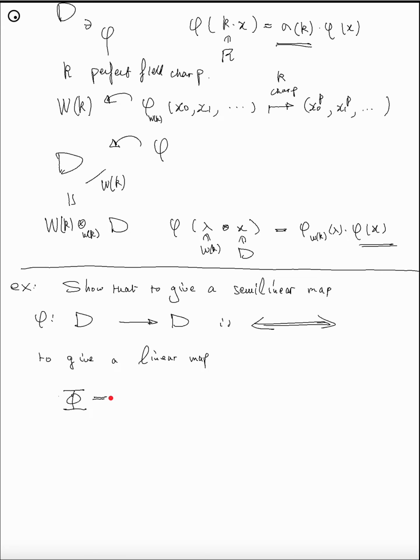Usually there are many ways to write this. Sometimes people write phi star, sometimes people just write 1 tensor phi, and these are just different notations. Okay, so let's define this map.